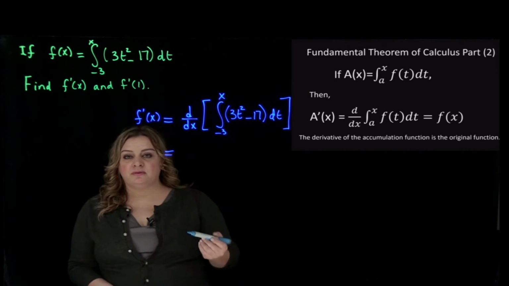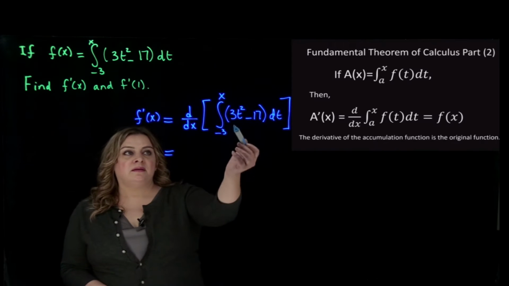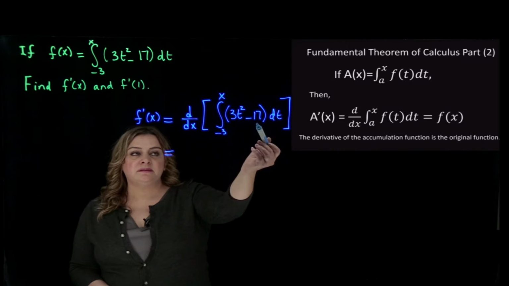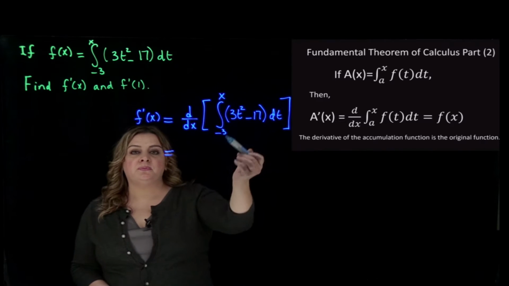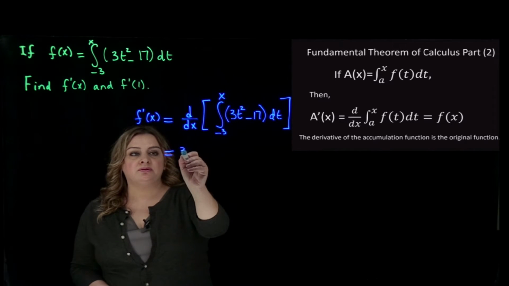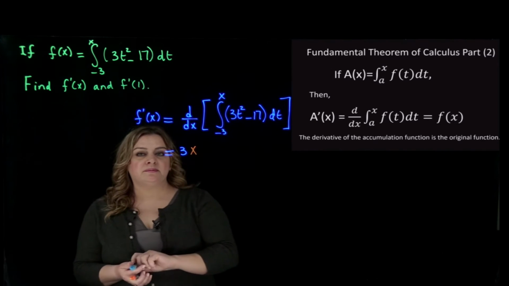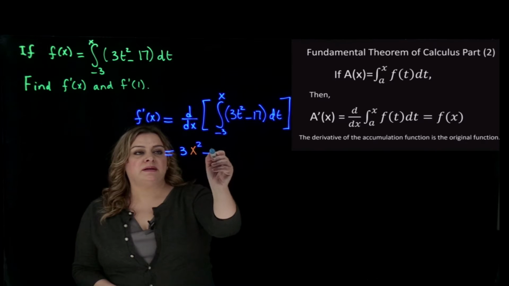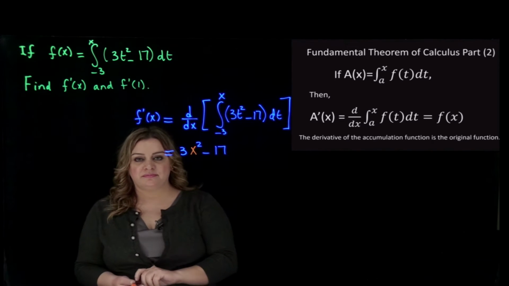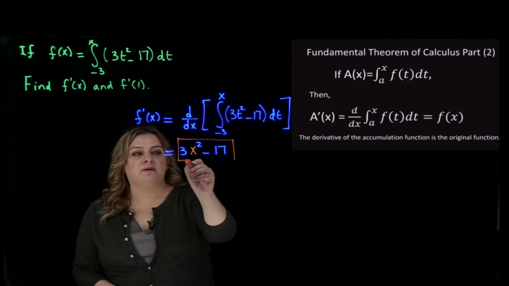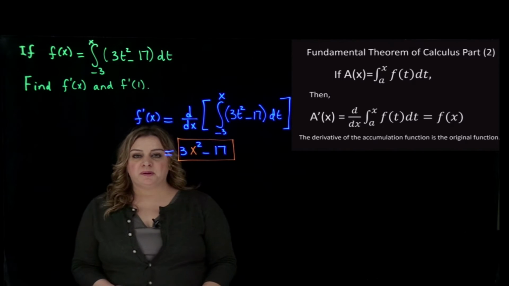According to part 2 of the theorem, this is equal to f of x, which is the function replacing t with x. This is going to be equal to 3x squared minus 17. And this is the value of F prime of x.